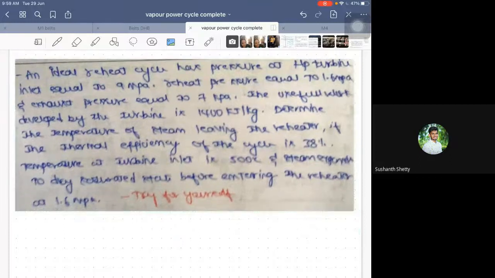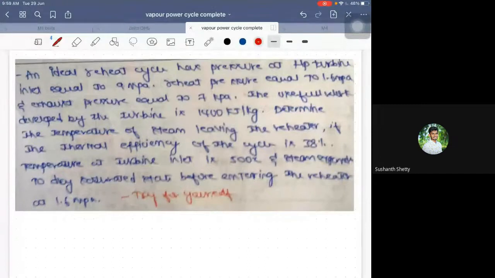Hope it's clear now. So just try this particular problem. It is very similar to the previous problem we have solved. Whatever problem we have solved in today's class, you can scan and submit in Google Classroom to get that attendance. Can you show the previous problem, sir, please? Sure.